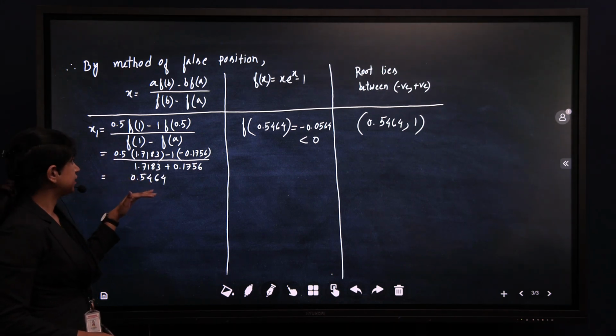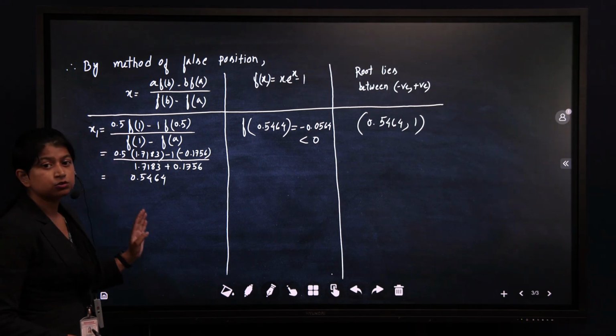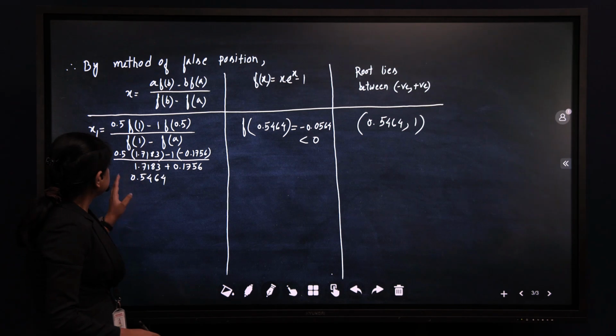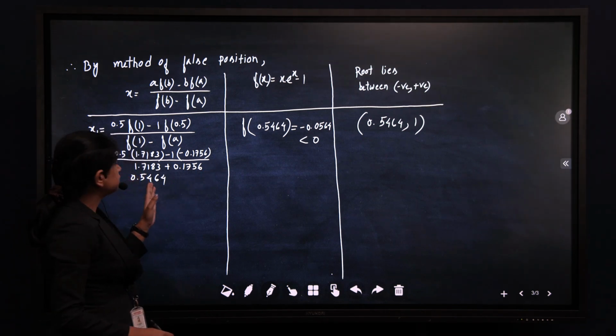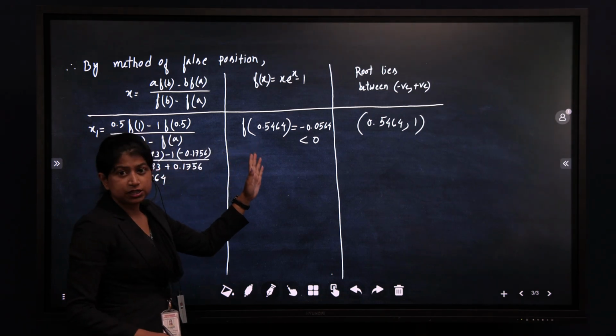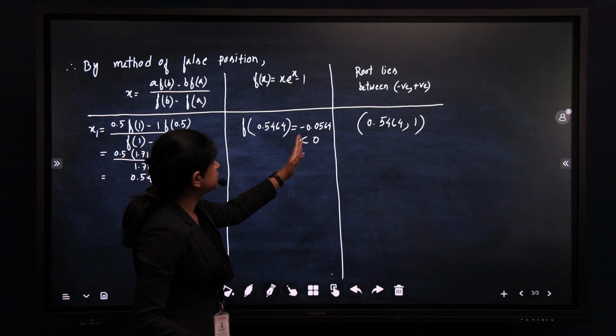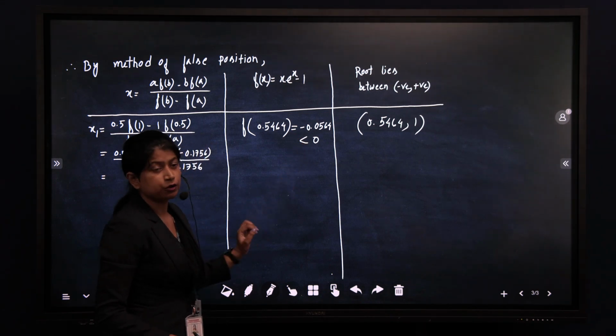0.5464, this value. Now we need to check what will be f of x1. So f of x1 is f of 0.5464. It is giving us a negative value, that is minus 0.0564.